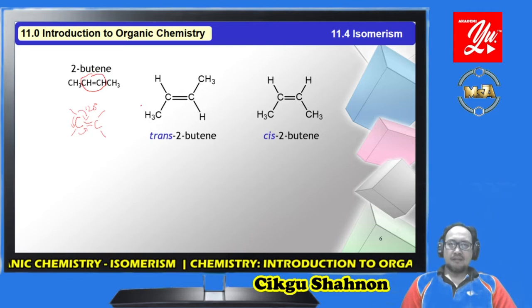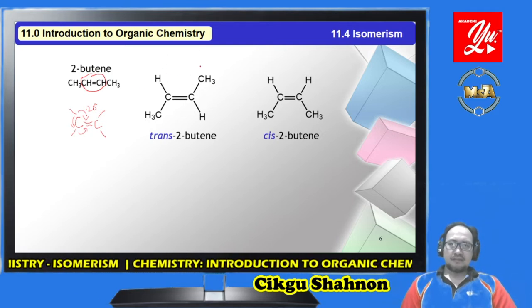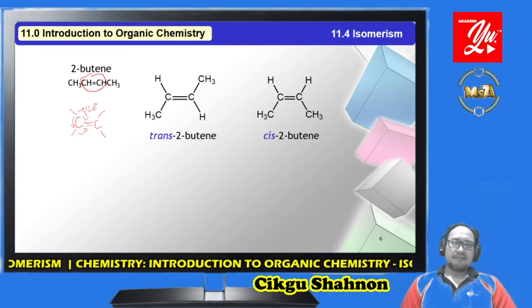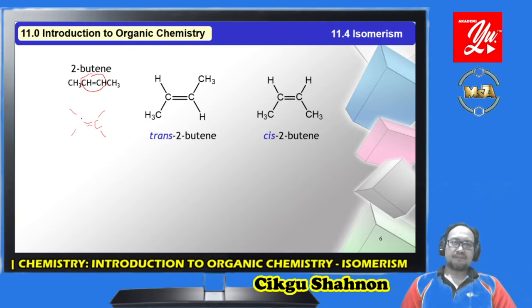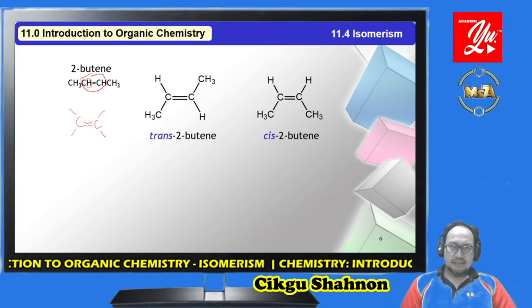That's why actually we draw this structure in three-dimensional. Okay, because this is sp2 hybridized with trigonal planar shape.